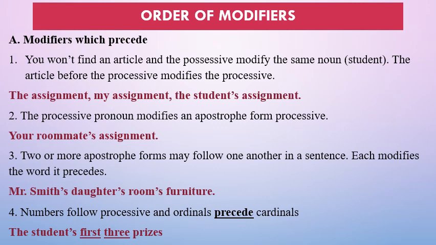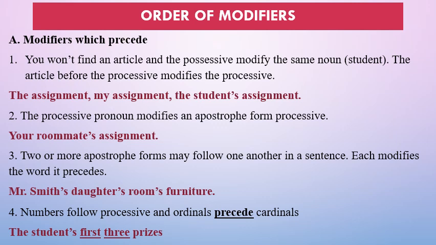You can't find a sentence which includes both the possessive pronoun with the article. You will have the article, the student's assignment in the sentence. You will have the article, the noun with apostrophe, and then the noun which you are modifying, or the noun which is possessed.